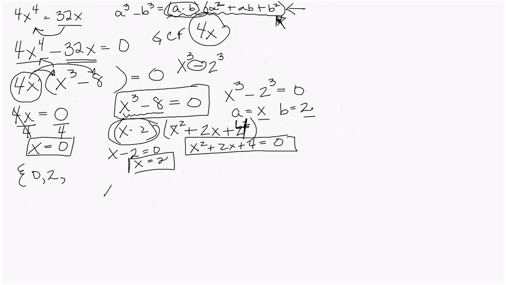So x is equal to negative b plus or minus the square root of b squared minus 4ac, over 2a. And the reason why I'm using the quadratic formula is that this is not easily factorable. I can't find two numbers that when multiplied together give me 4 and when added together give me positive 2.